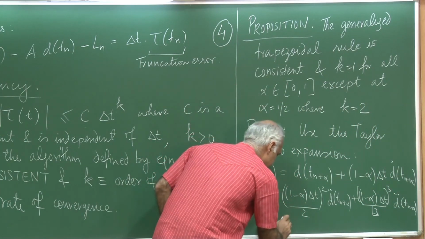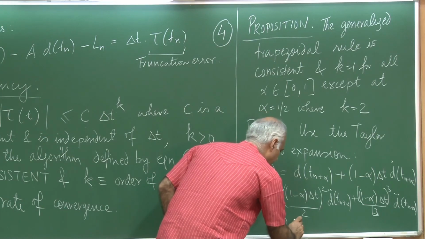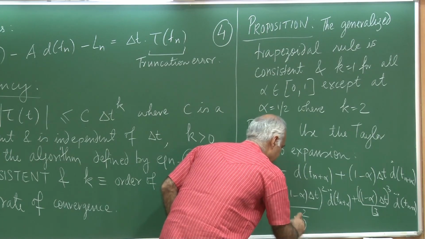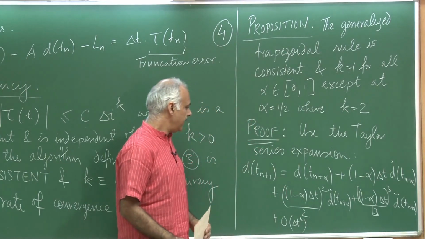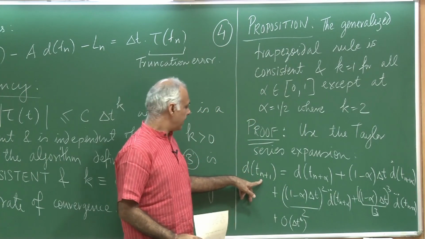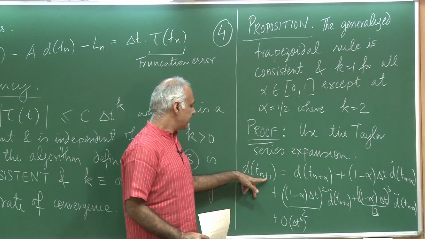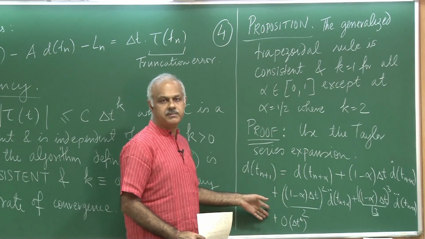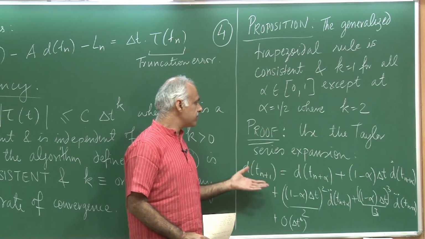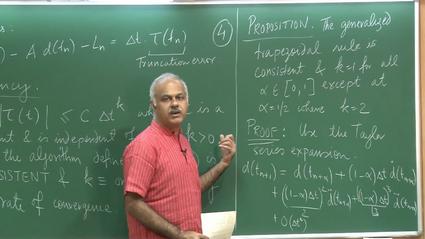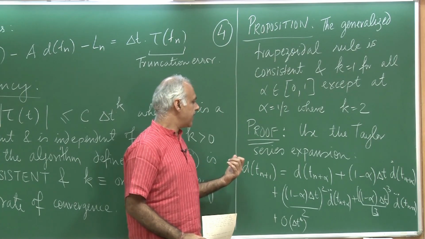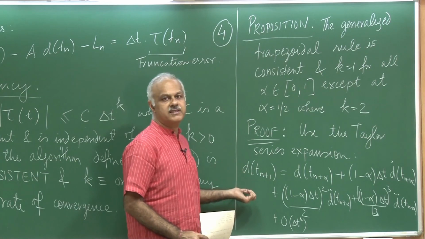So, let me just say this is a term of the order of delta t to the fourth. I am now going to write down d at level t_n also in this form, and then we are going to use these, put it back into our algorithm and get an expression for the truncation error.